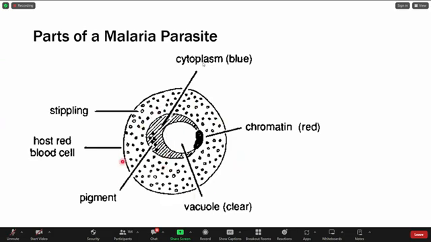Then for the infected red blood cell, which we also call the host red blood cell, we look for its size in comparison to the surrounding red blood cells, or we also look for the cytoplasm of the red blood cell if there are changes. These changes in most cases are like some dust-like particles, and those particles are called stipplings.